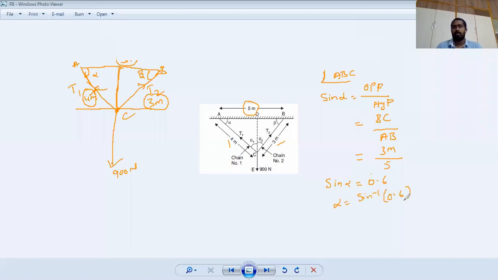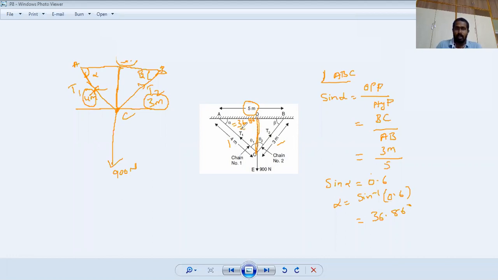What is the value of sine inverse of 0.6? 36.86. So this angle alpha is equal to 36.86. So this is a right angle triangle.